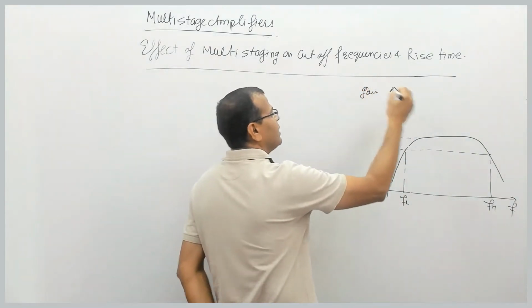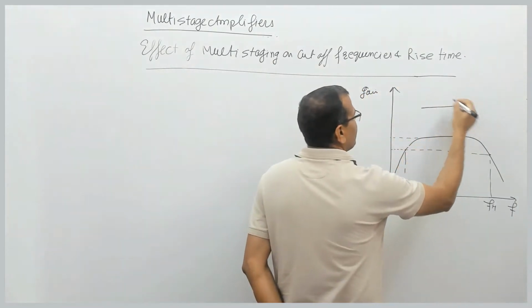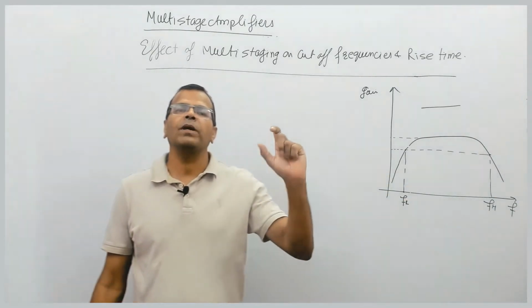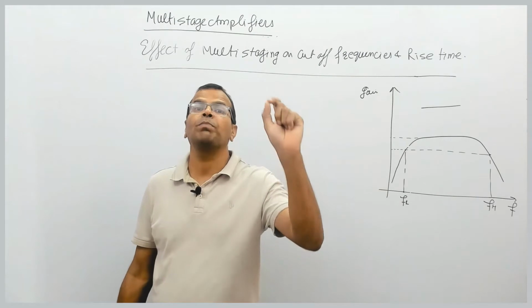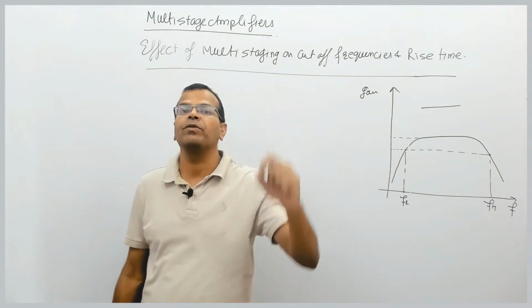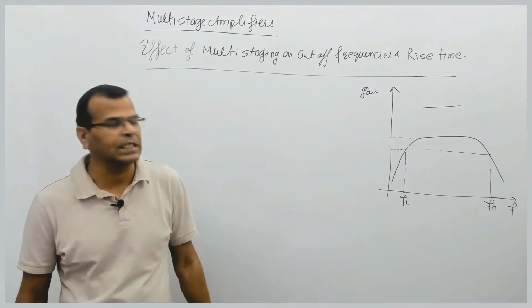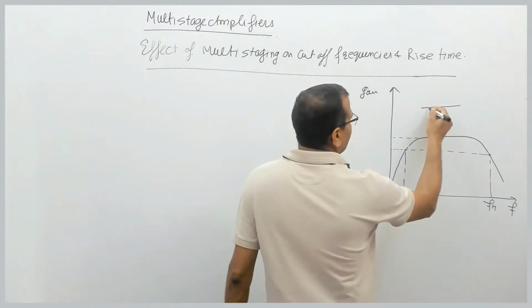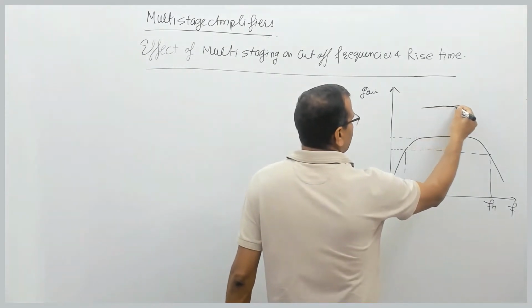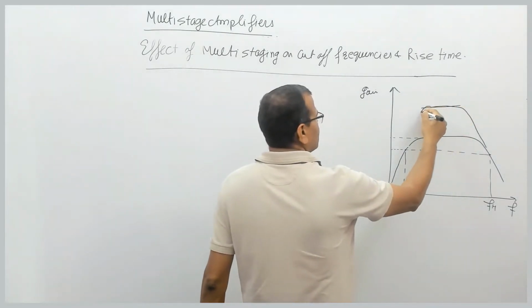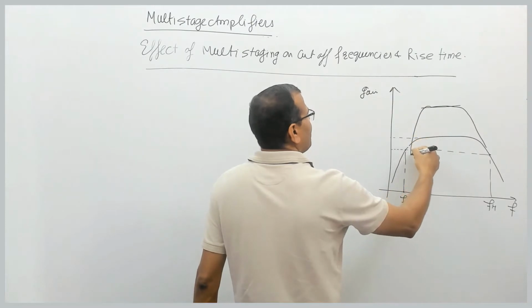Because of the multistaging, gain of the amplifier increases. Because the gain of multistage amplifier is equal to the product of gain of individual stages, or in decibels that is the sum of gain of individual stages. So gain increases, but interestingly you will come to know that cutoff frequencies change.